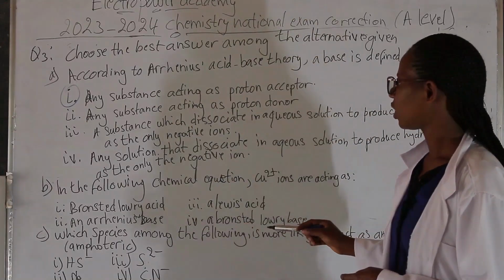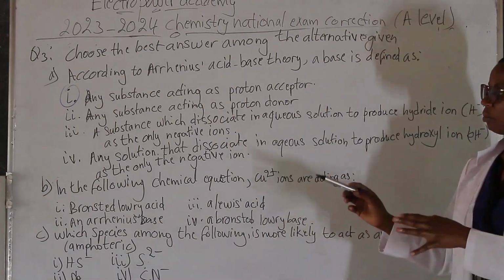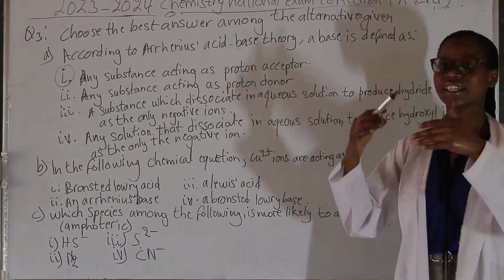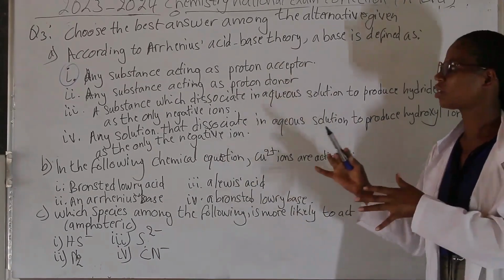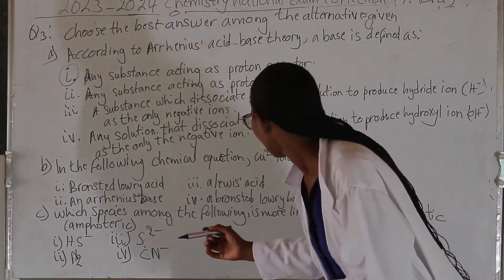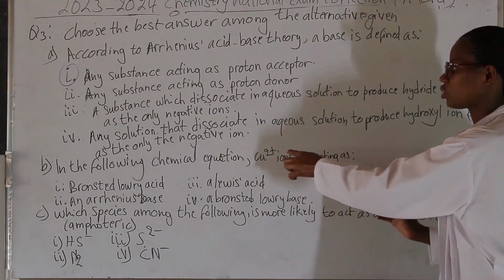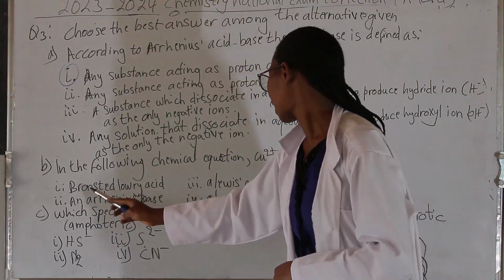For this question, the correct answer is I, Bronsted Lowry acid. Remember, a Bronsted Lowry acid is a substance which can donate a proton. Here, this copper can donate those 2 electrons. That is why the correct answer is I.